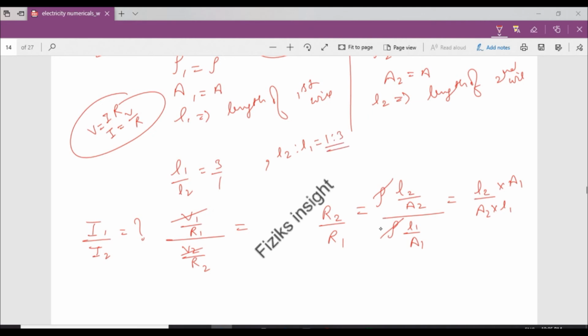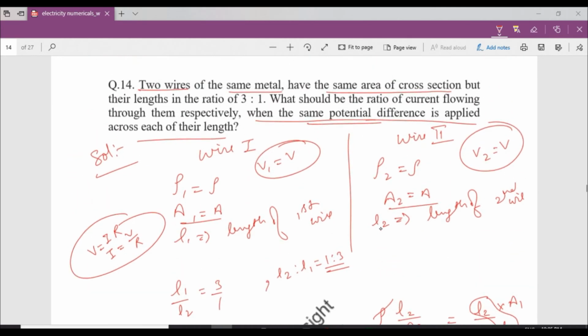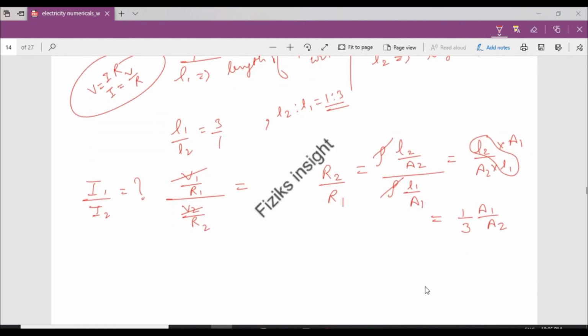So now L2 by L1 will be substituted as 1 by 3. Now A1 and A2 are again same. See, A1 is A and A2 is A, as it is given in statement that they have same area of cross section. So again A1 and A2 will cancel out. So I1 ratio I2 will be 1 ratio 3.